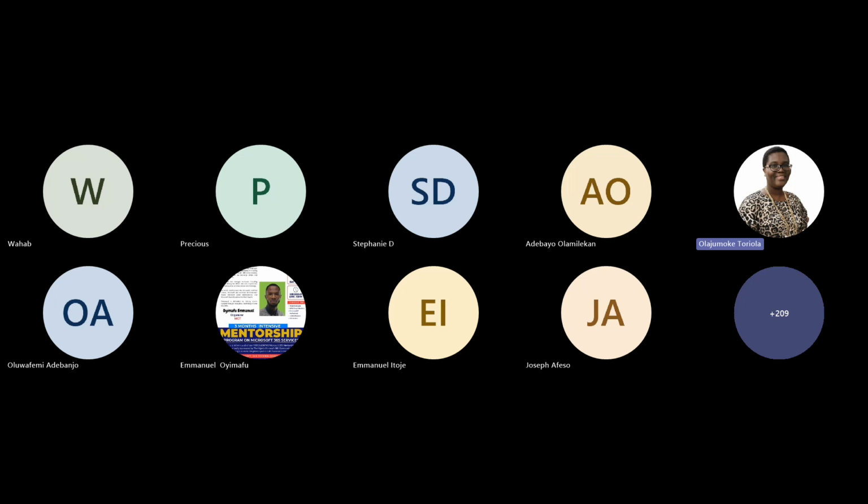If you come to my family today, the Toriola family, that is our own domain. Oyimafu's family is another domain. Every one of us in that family bears the surname Toriola. Everybody in Oyimafu's family bears Oyimafu, that's their own surname. But we have our individual identity in that same family, in the domain.